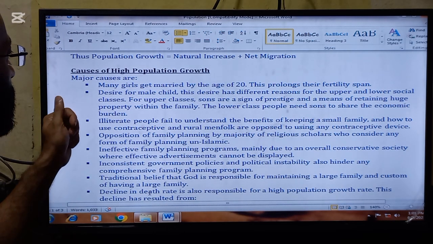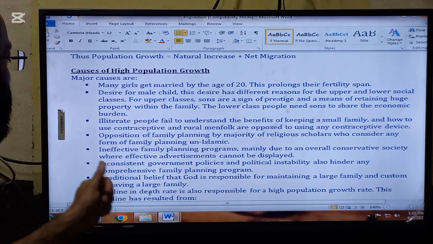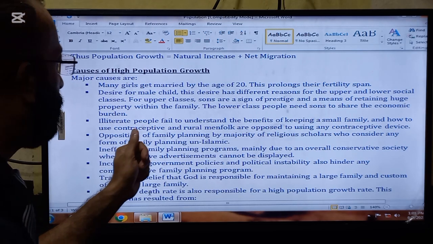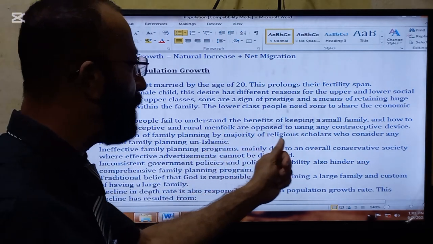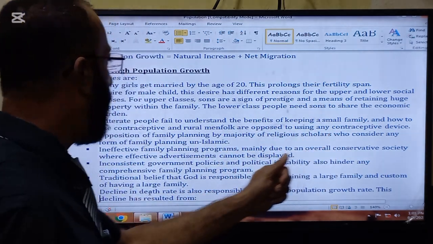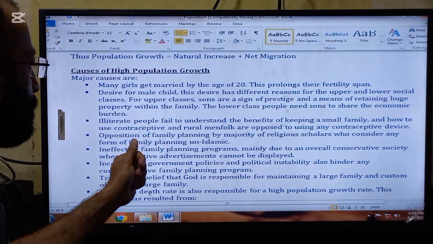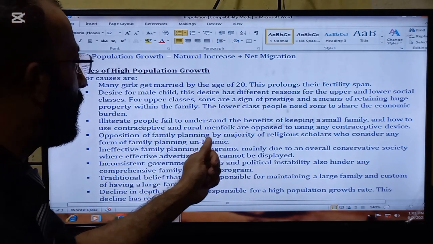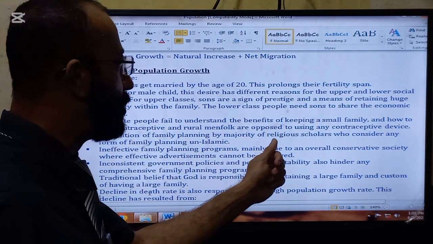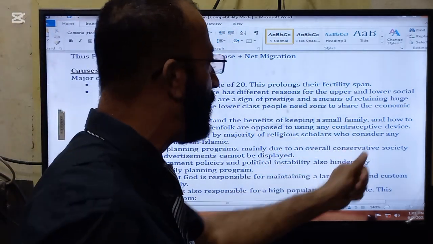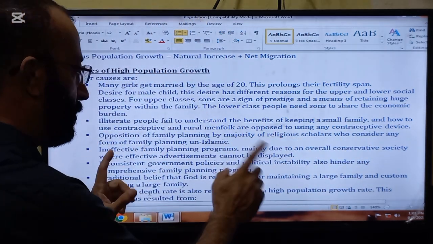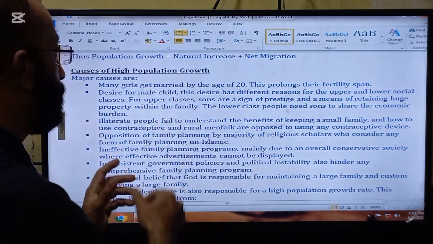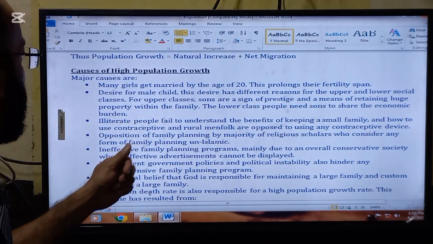The next reason for the high population growth rate is that illiterate people fail to understand the benefits of keeping a small family and how to use contraceptives, and rural menfolk are opposed to using any contraceptive devices. So these are two reasons which are also responsible for the high population growth rate.